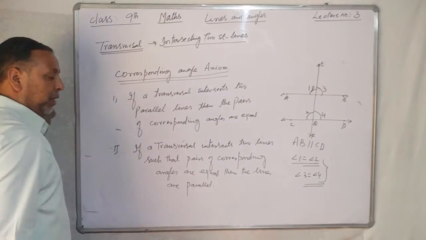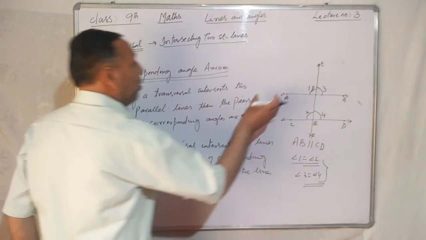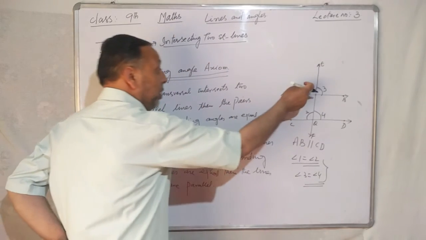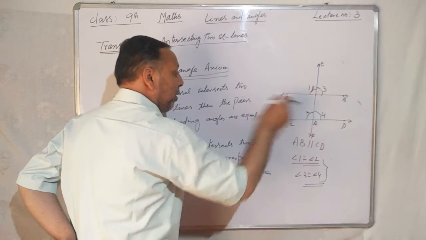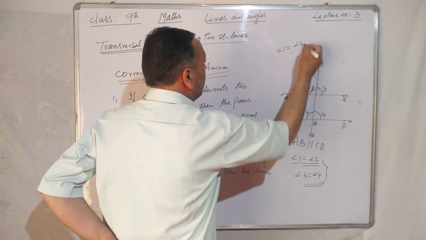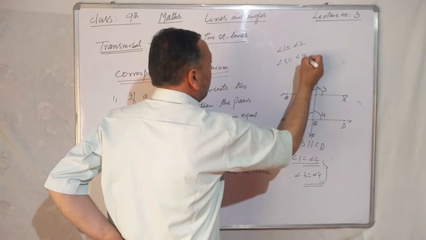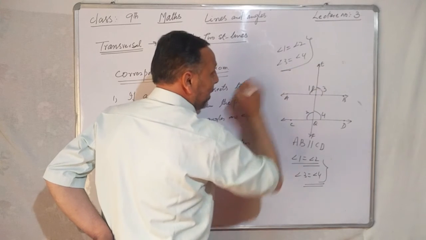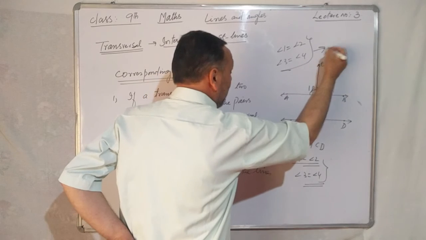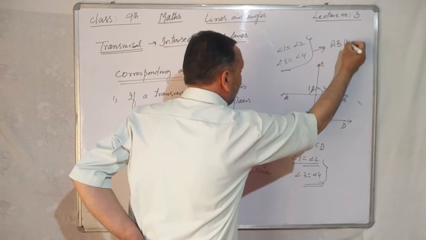Now if a transversal intersects two straight lines such that the corresponding angles are equal, that is, angle 1 equals angle 2 and angle 3 equals angle 4, then the lines are parallel. Then we can conclude that AB is parallel to CD.